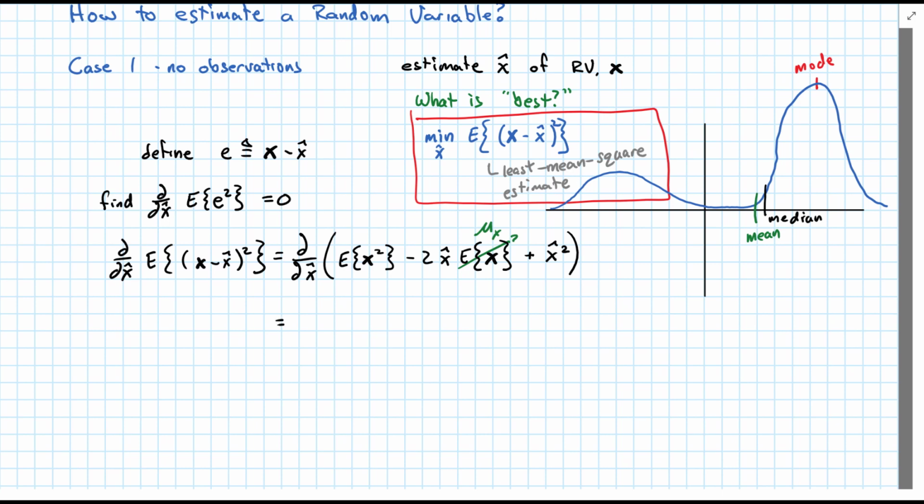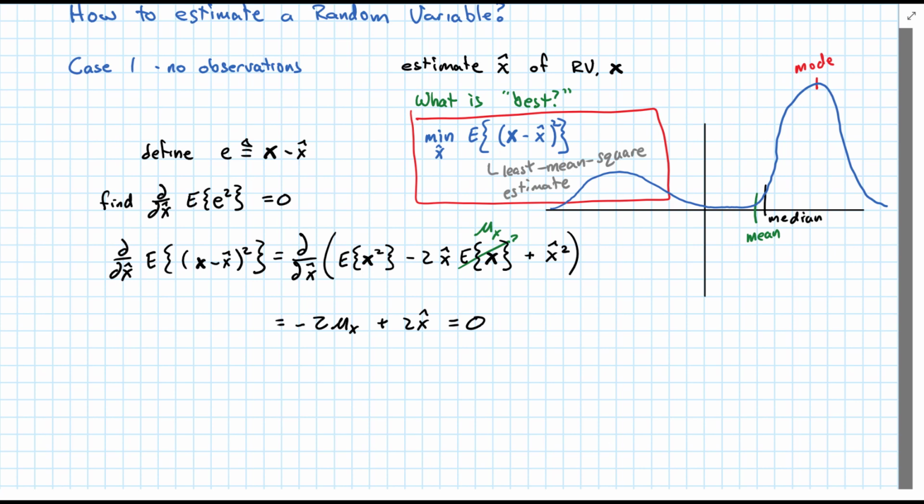So now we're just going to get minus 2 mu x, and then the derivative of x hat squared is just going to be 2x hat.